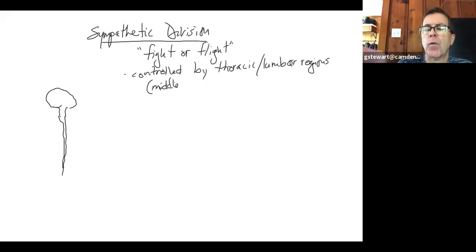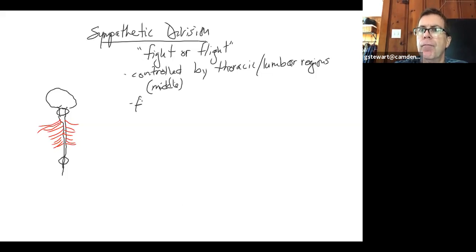We already did parasympathetic, that was up here and down here. The sympathetic, I'll use a different color, those fibers originate from the thoracic and L1, L2, upper lumbar regions. So it comes off the middle section of that spinal cord. And here are some of the major functions. You'll see that most of these just oppose the functions that we already listed for the parasympathetic division.